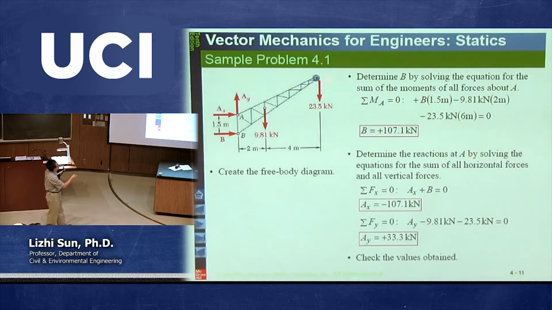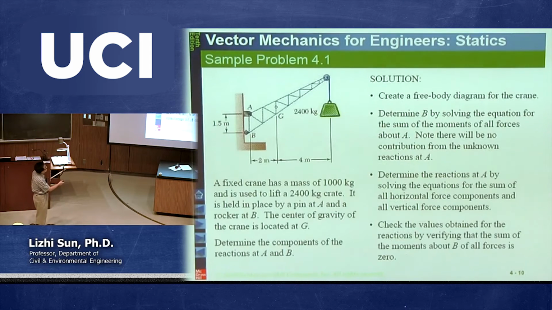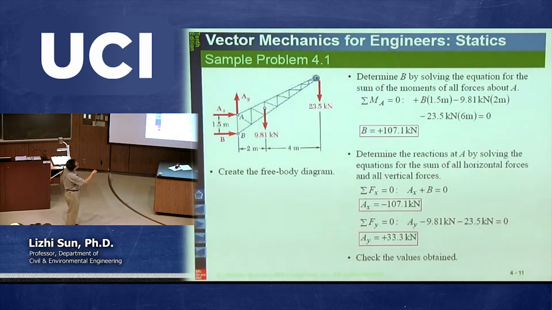We cut this cable, correspondingly we give this force. So this force is due to the crate. And from the problem statement, the crate has a mass of 2,400 kilograms. So 2,400 kilograms need to be multiplied by 9.81 to transfer kilogram into Newton. So that's why we end up with 23.5 kilonewton, by multiplying by 9.81. This is what we end up with. So you can also call this the self-weight due to the crate.